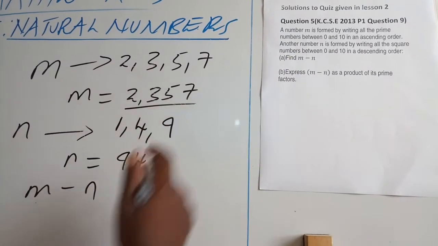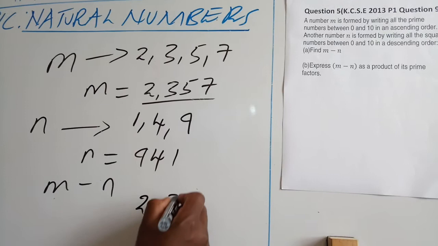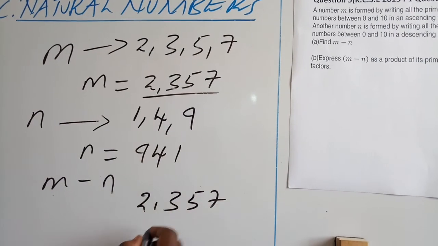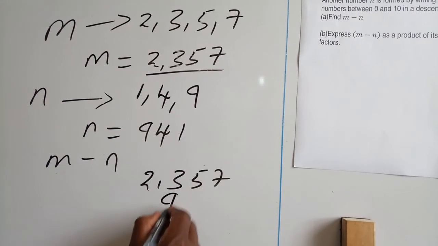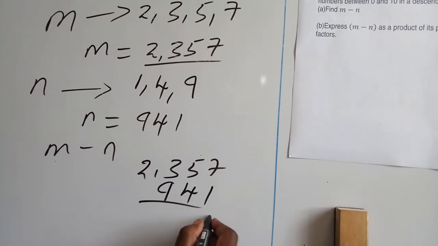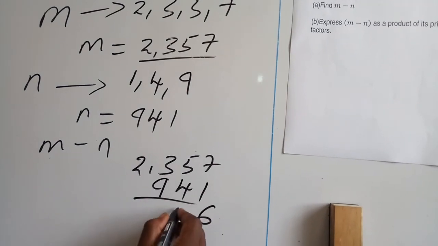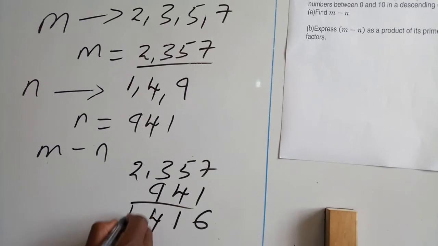So part A of the question is find m minus n. Now, what you do here, you take m, given by 2357, then subtract 941. What do we get? We get 6, here 1, now here we get 4, and here we get 1.